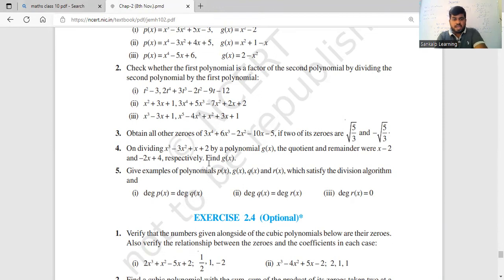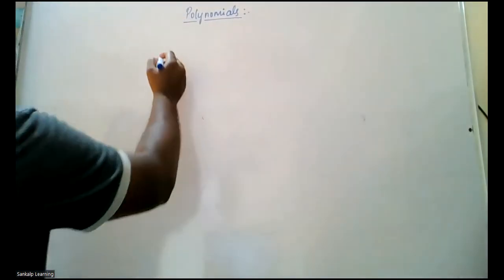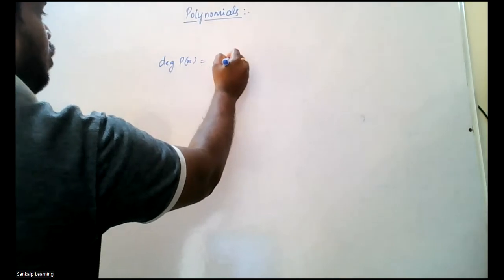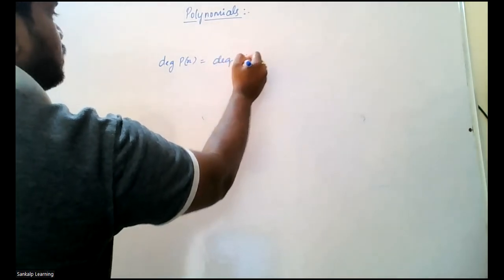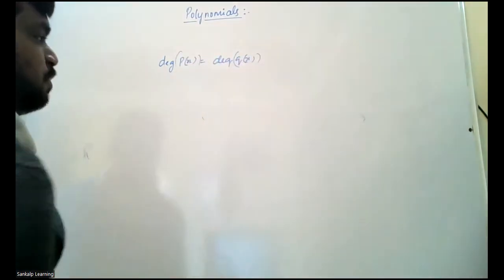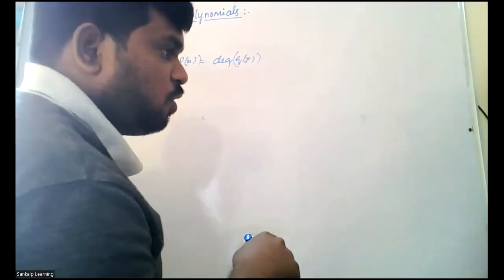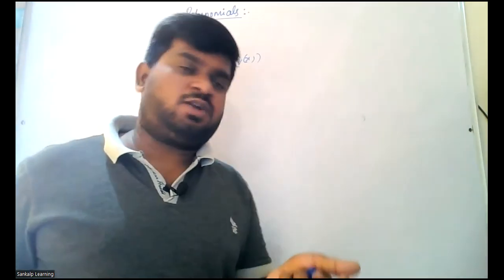Okay, and degree of p of x is equal to degree of q of x. For this, let's write the example. So we have to get degree of p of x equal to degree of q of x, isn't it? This is possible when we take the divisor to be a constant. Okay, g of x, if we take it as a constant, is possible.